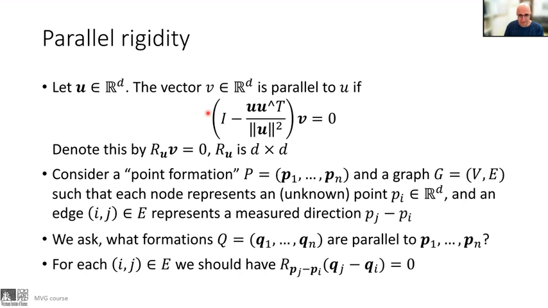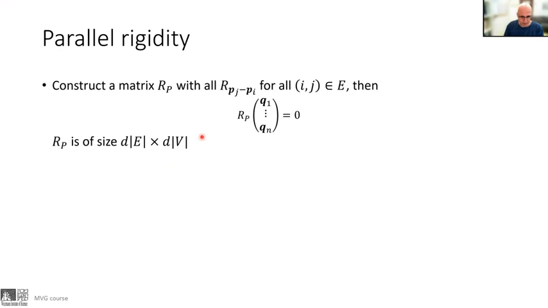So overall, R_P has d times E rows and d times V columns. This is an expression for what point formations, or what sets of points, are parallel to P1 to Pn.